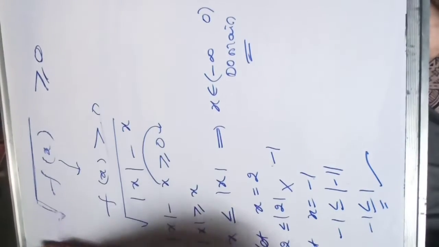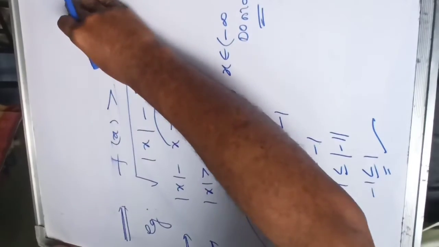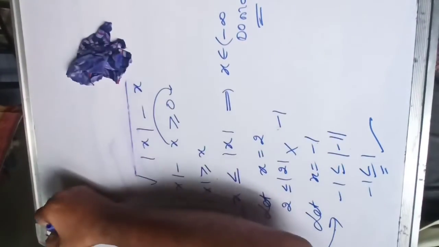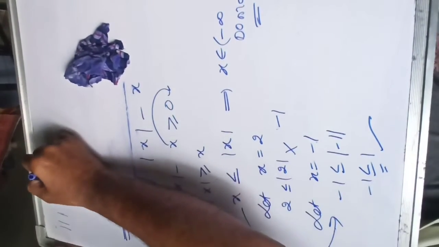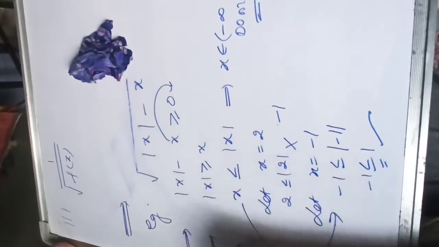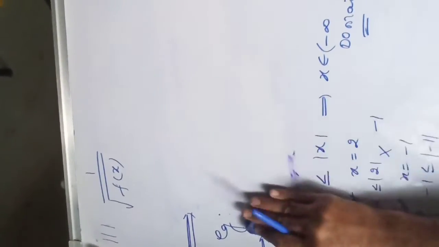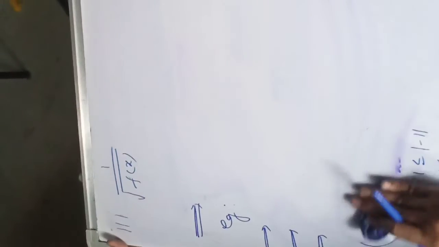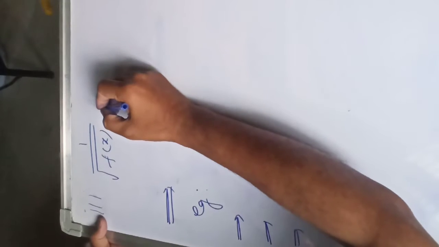If the given function is in the third form, 1 by root over f of x, how are we going to find that function's domain?